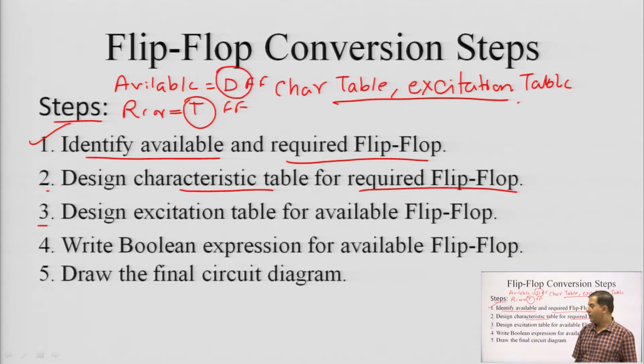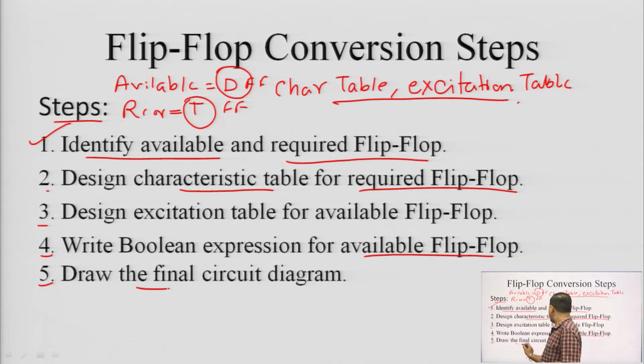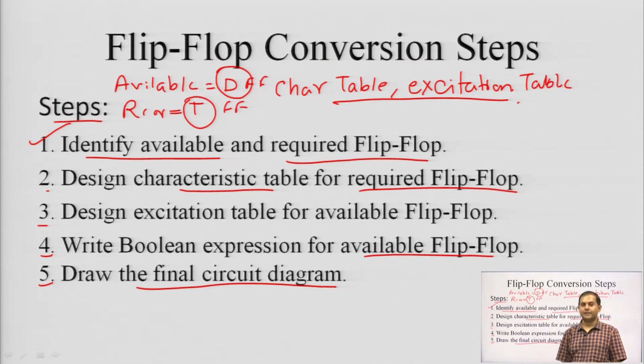Now, the fourth point, write the Boolean expression for the available flip flop, which is the D flip flop. Finally, draw the final circuit diagram. Once you have the Boolean expression, it is very easy for you to draw the final circuit diagram. So, let us take an example and discuss.